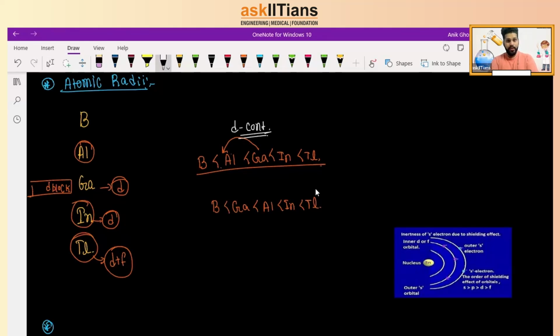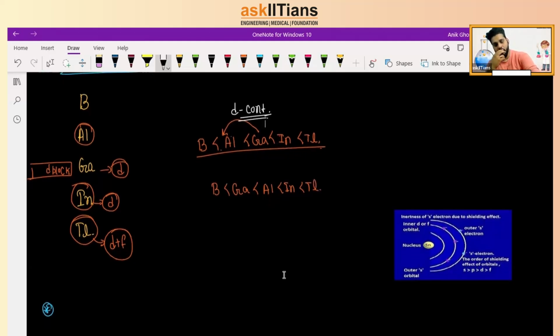Till aluminium there was no d contraction or anything so far. From gallium onwards, the d contraction gets generated, and it is hitting gallium so much that its size is even lower than aluminium. This is one thing for the atomic radius.